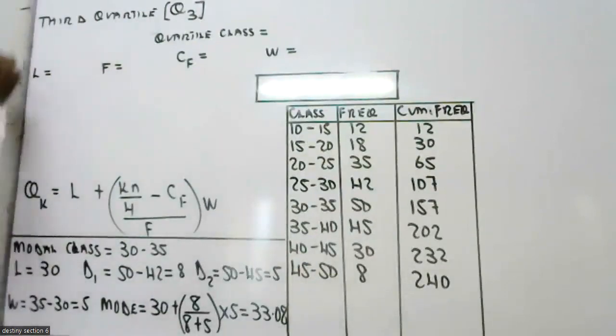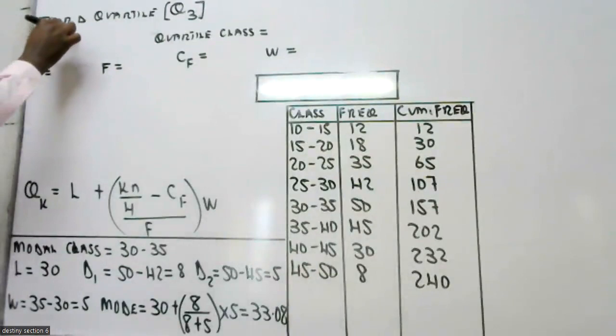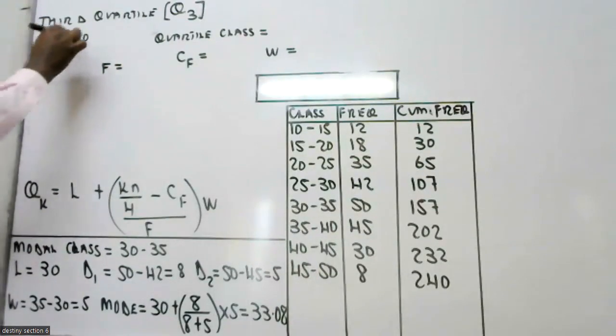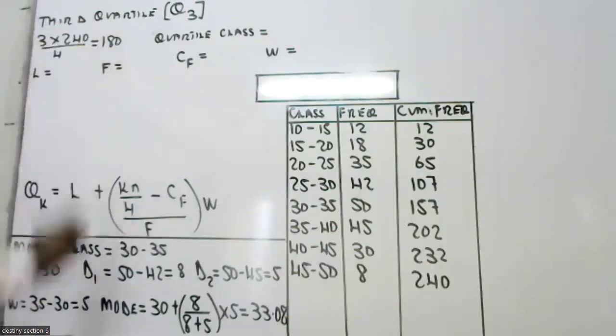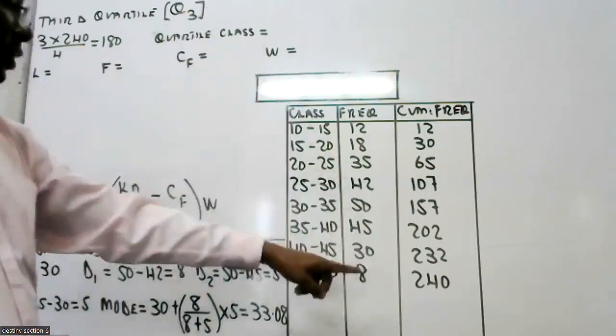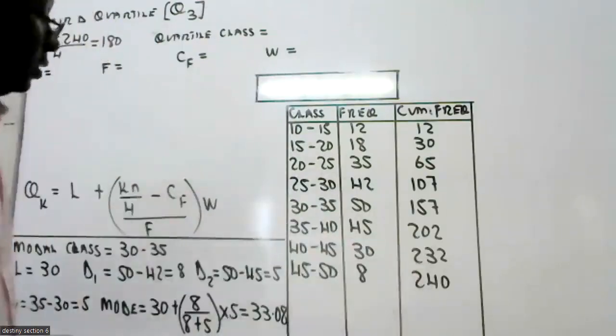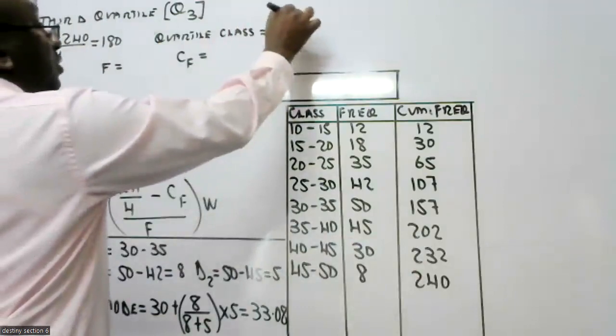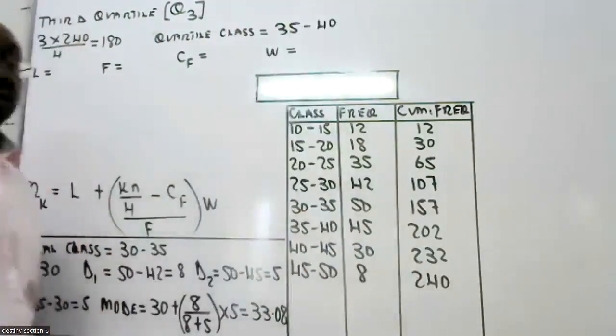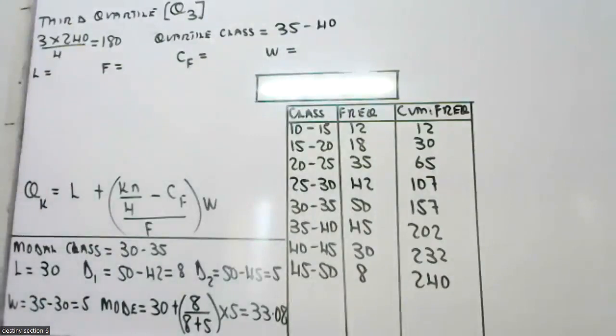It is again 3 times 240 divided by 4. I think this should be 180. So the quartile class is after 180, here. So that is 35 to 40.